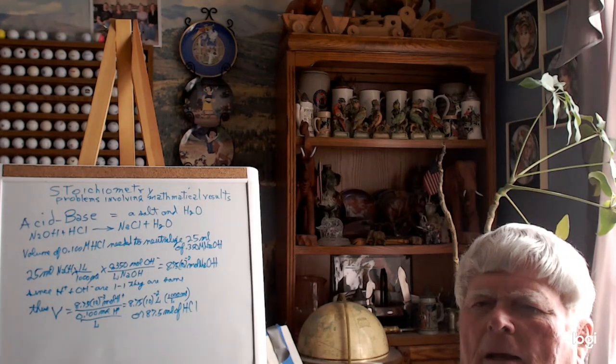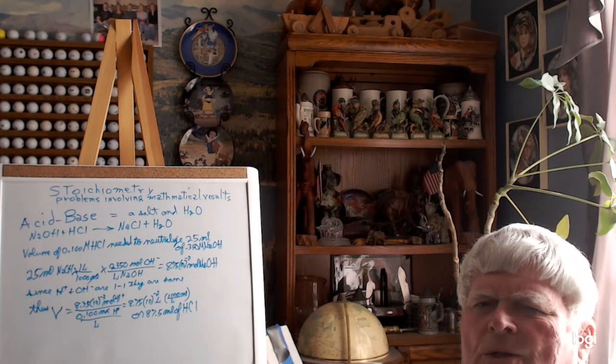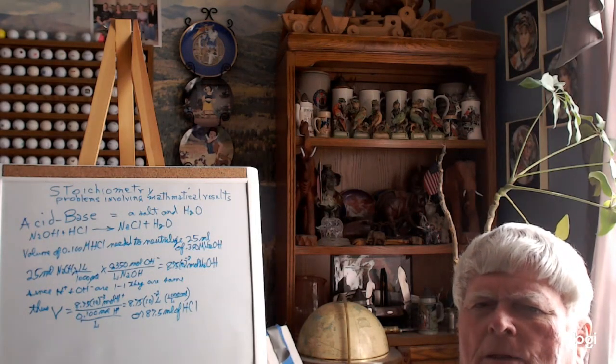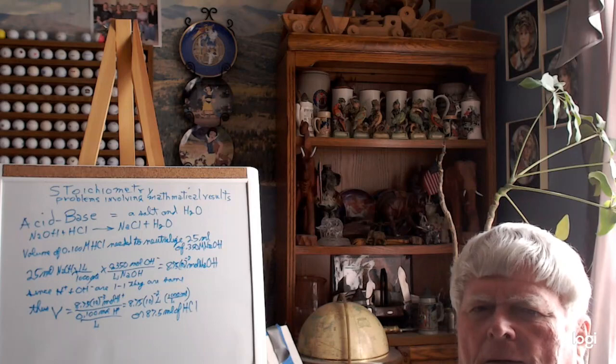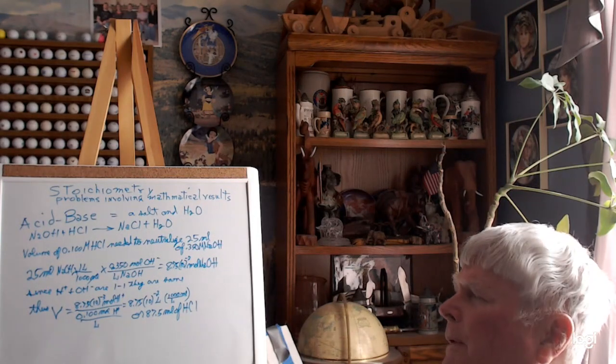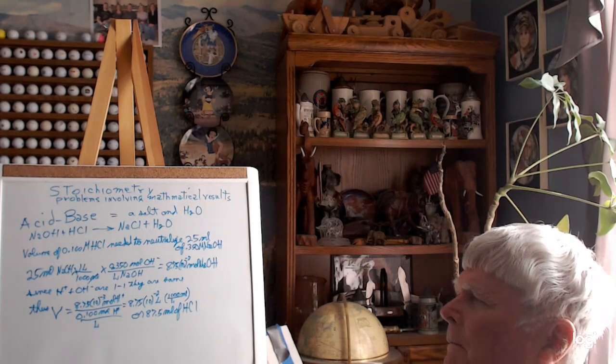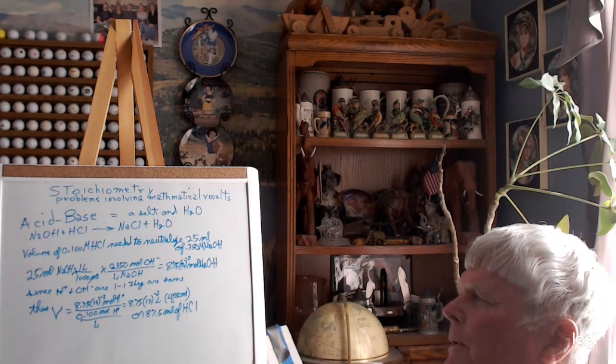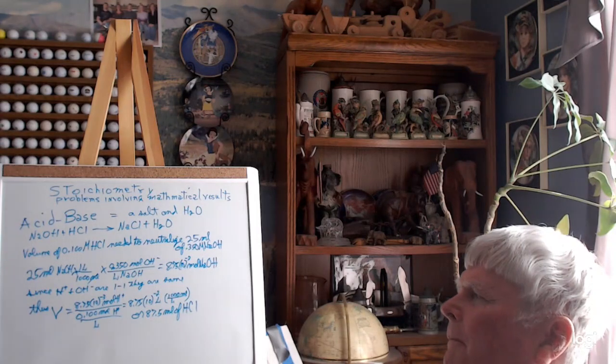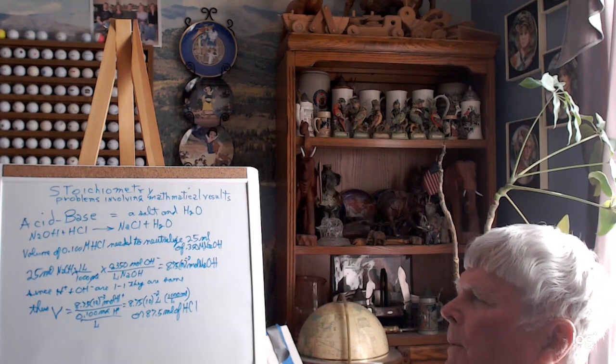But remember, those column 1 elements, they stay in solution most of the time. So you have the hydroxide here coming out to be 8.75 times 10 to the minus third moles, which is again 0.0875 millimoles.